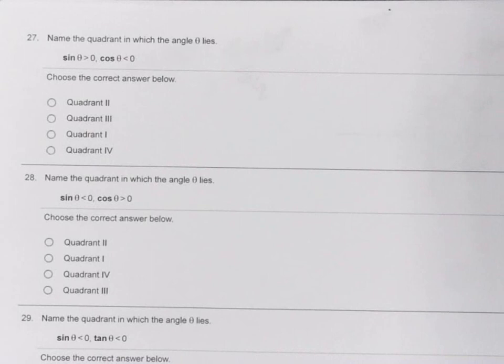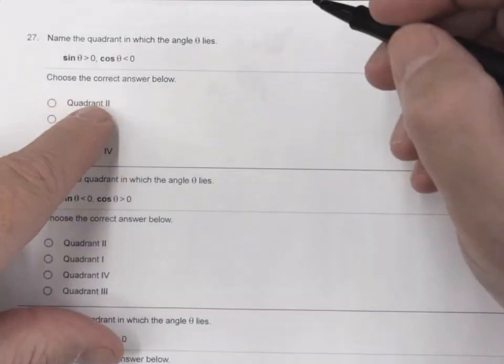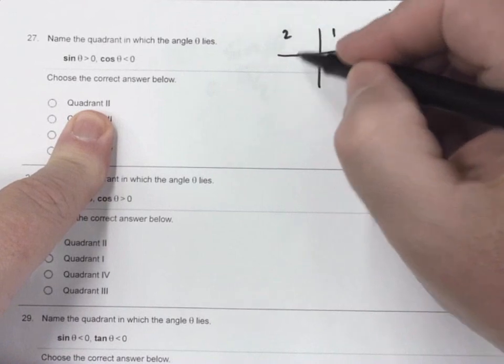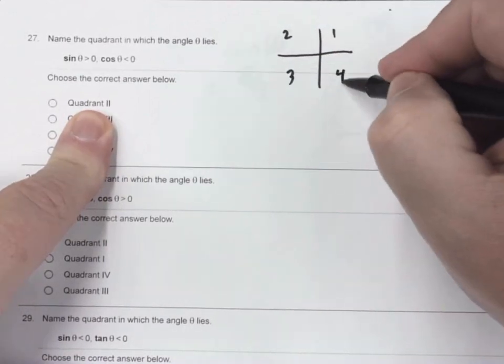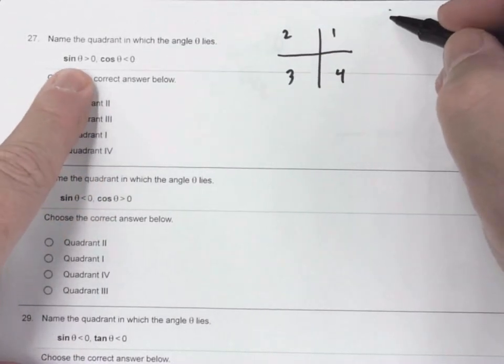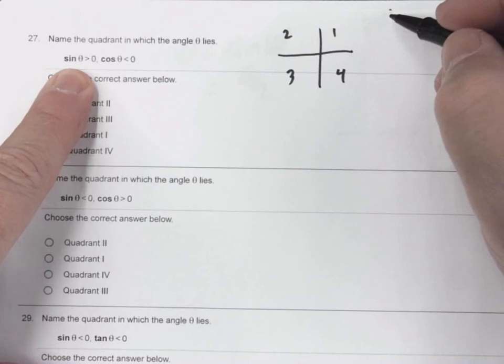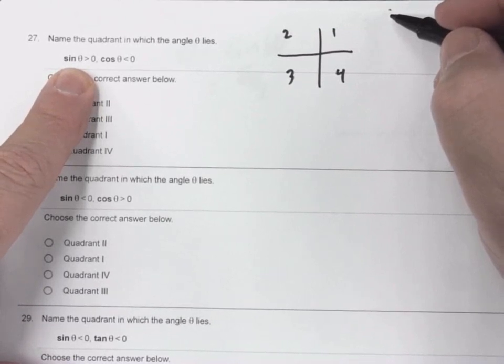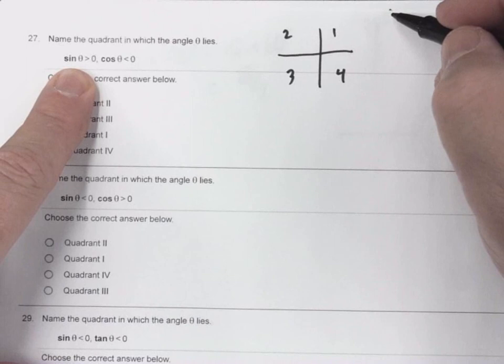We want to know which quadrant theta is in, right? We have 4 quadrants. Let's first look. Here's how you do these. You look at the sine of theta greater than 0. Greater than 0 means positive. So for which quadrants is the sine positive? Think of the sine as like y.